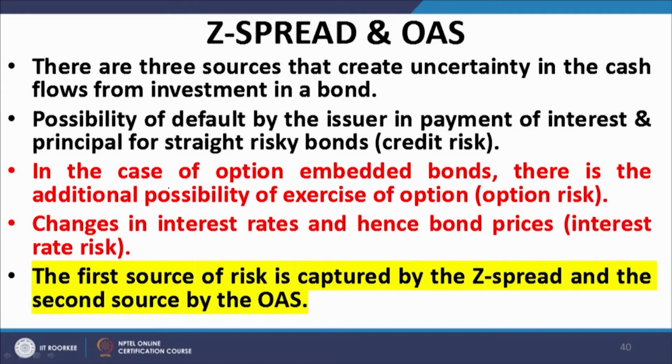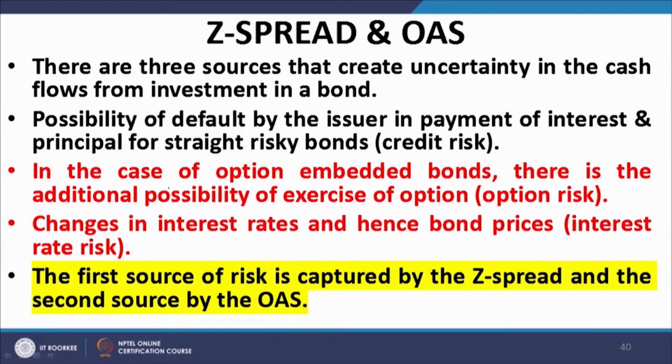There are three sources that create uncertainty in the cash flows from investment in a bond. Number one, possibility of default, that is the credit risk in the bond, possibility of default by the issuer insofar as payment of interest and redemption of principal is concerned. Number two, in the case of option embedded bonds, bonds that are callable or puttable or have some other complex option attached to them, there is the optionality risk or the risk of possibility of exercise of the option.